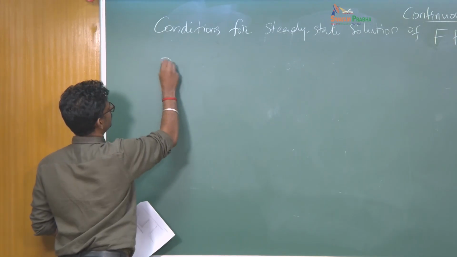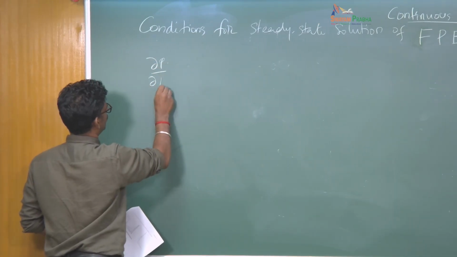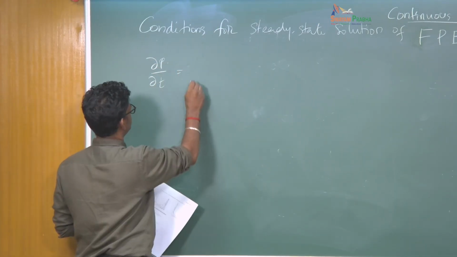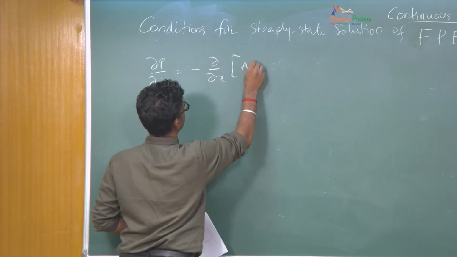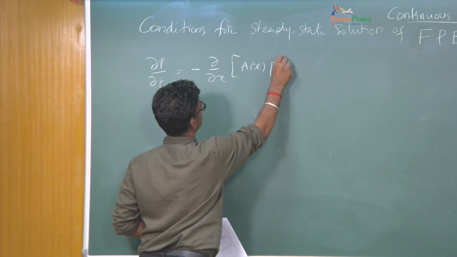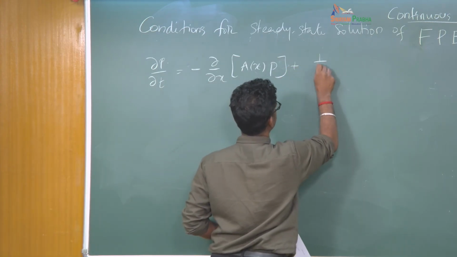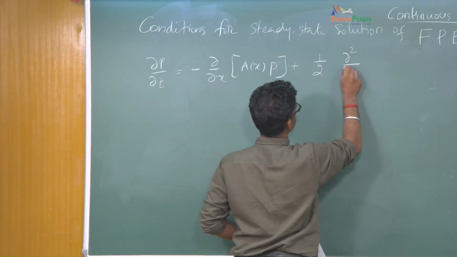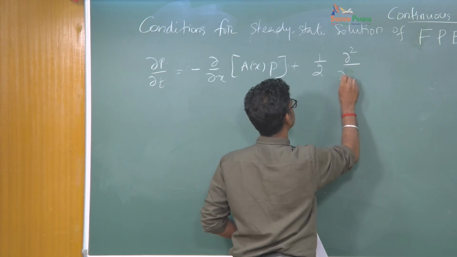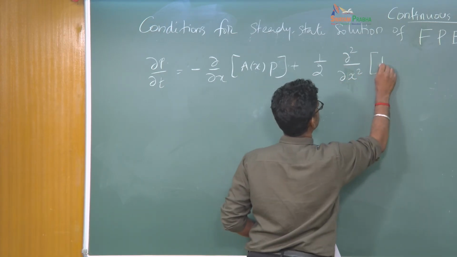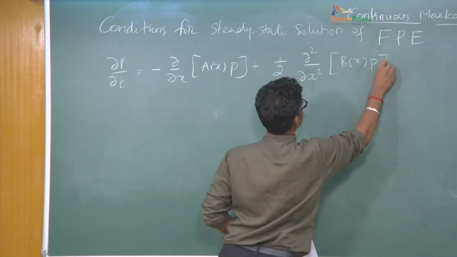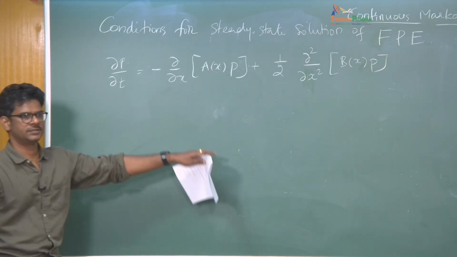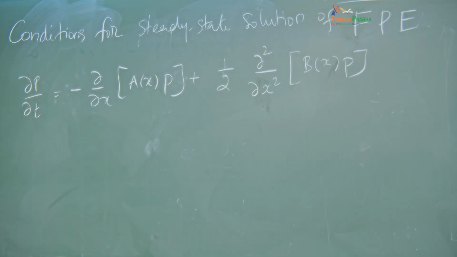So we start with the general expression for the Fokker-Planck equation. So we write this as ∂/∂x of a(x)p, and so on. This is the Fokker-Planck equation in the general sense.